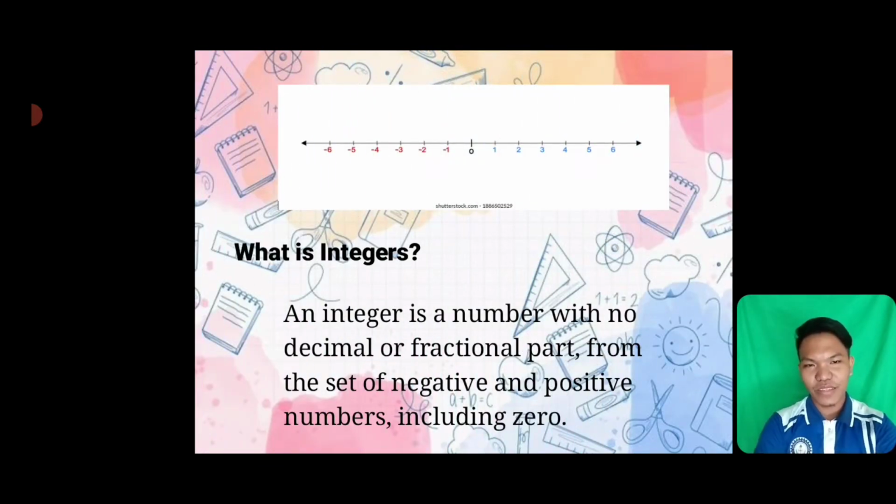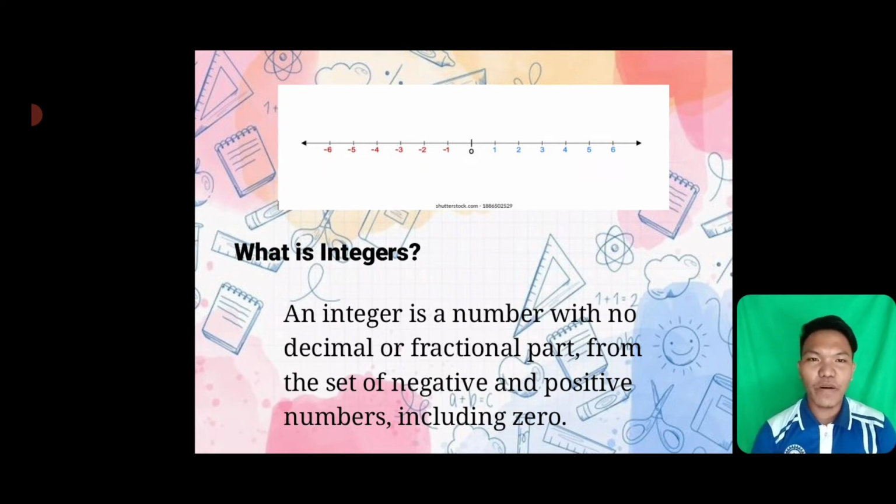Okay. As you can see on the picture below, that is what we call integers. So, what do you think is integers? Okay, very good. An integer is a number with no decimal or fractional part, from the set of negative and positive numbers, including 0.